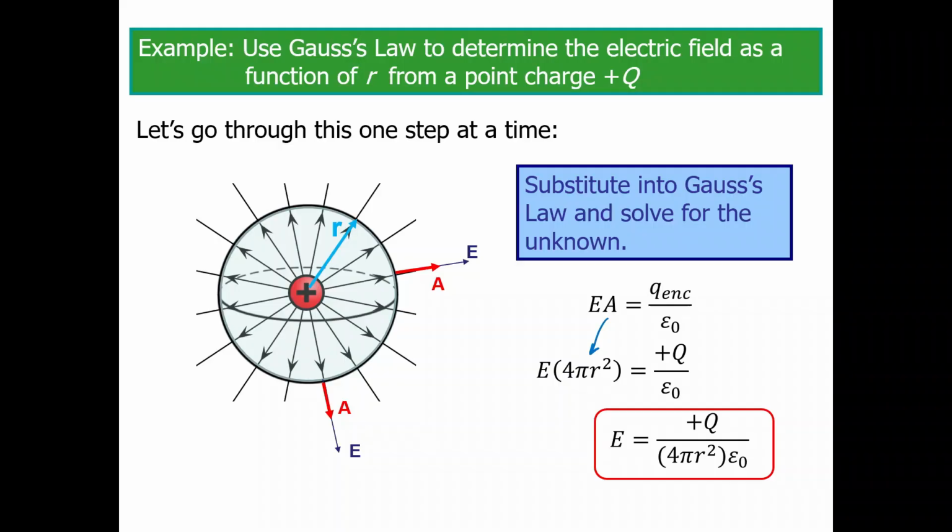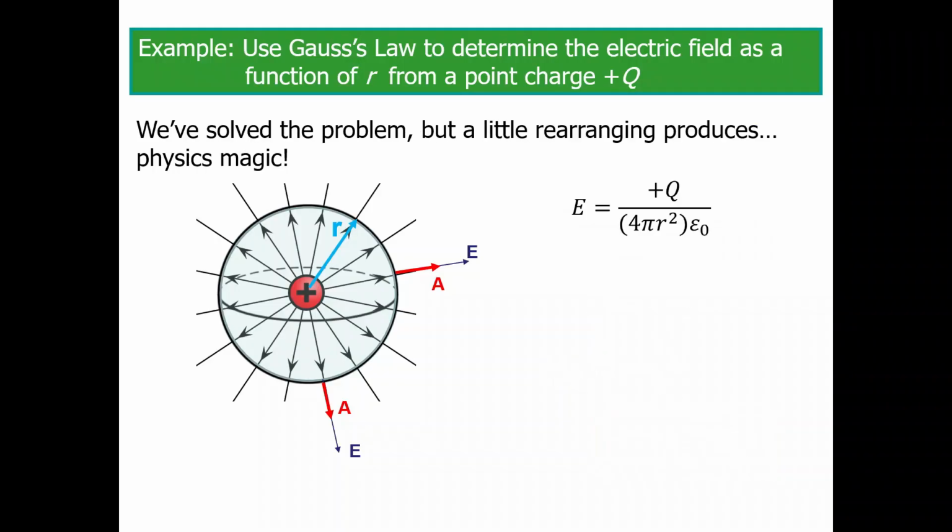Now, this doesn't quite look like what we did before. But if we do a little rearranging, we can actually see we get the same answer that we did by using our definition of the electric field and Coulomb's law. So I can pull out the 1 over 4 pi epsilon naught, leaving the Q over r squared on its own. And then k is 1 over 4 pi epsilon naught.